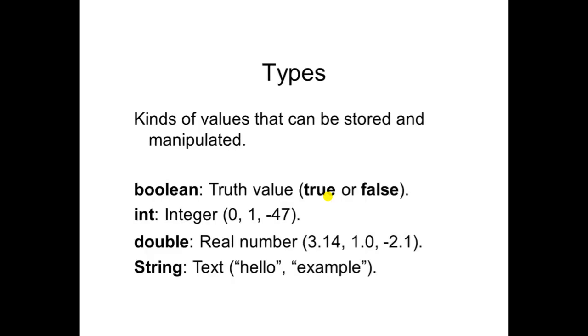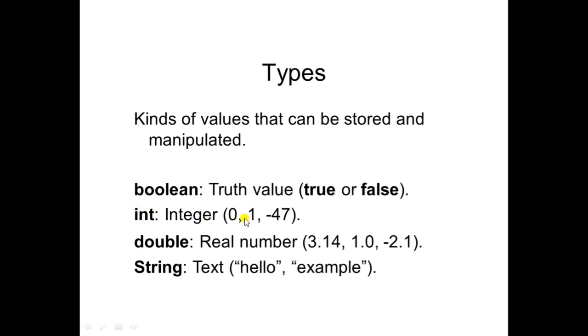Okay, so then next, types. What are the data types in Java? Types are kinds of values that can be stored and manipulated. You are aware of the data types in other languages, but we will discuss here what the data types in Java are. Here we have Boolean, which will contain two values, either true or false. Here we have integer, which is represented by the keyword int.